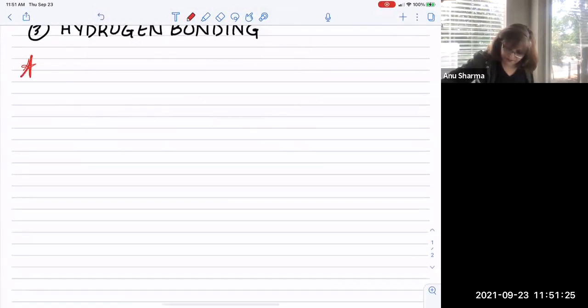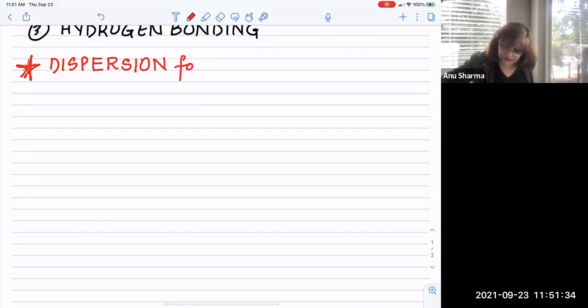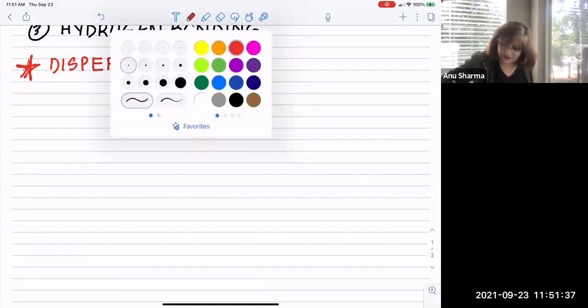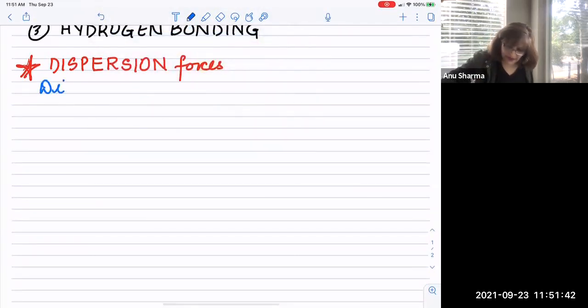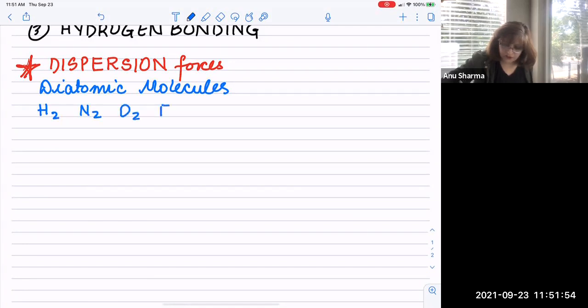Dispersion forces exist between the diatomic molecules, and those diatomic molecules are hydrogen, nitrogen, oxygen, fluorine, chlorine, bromine, and iodine.